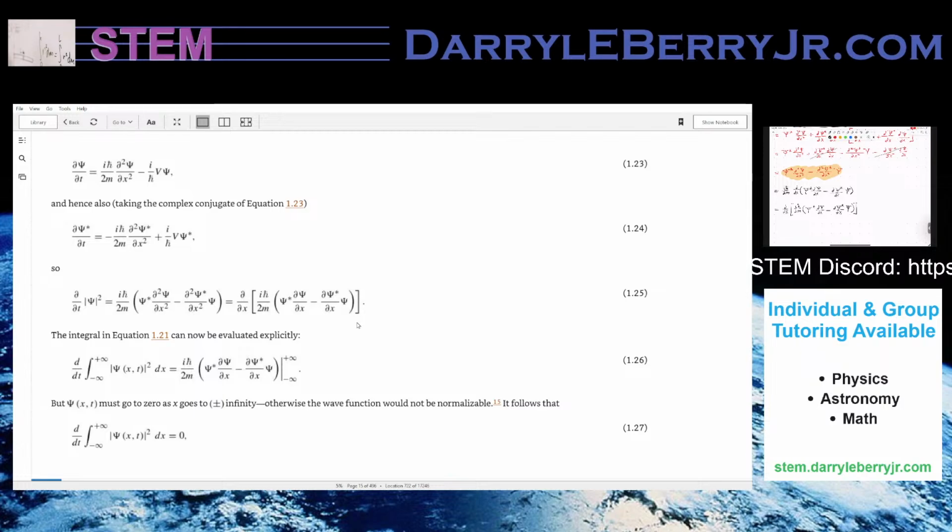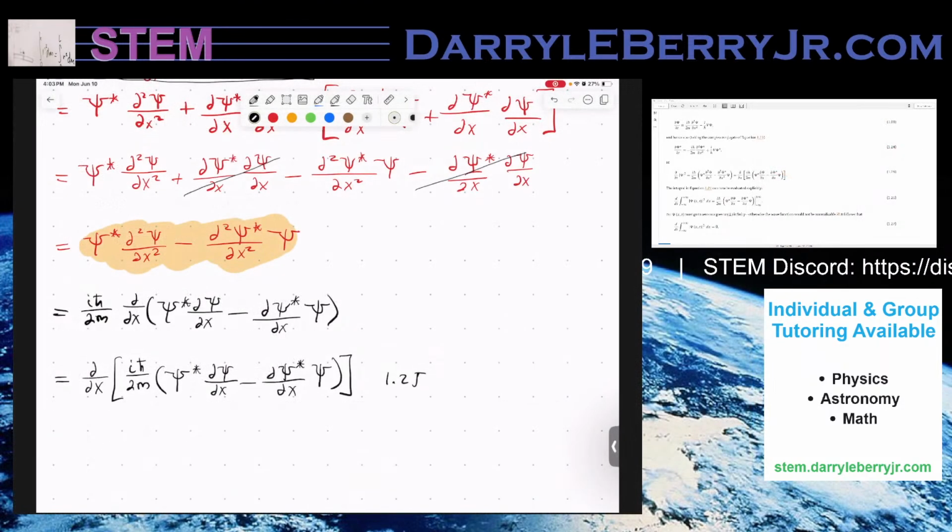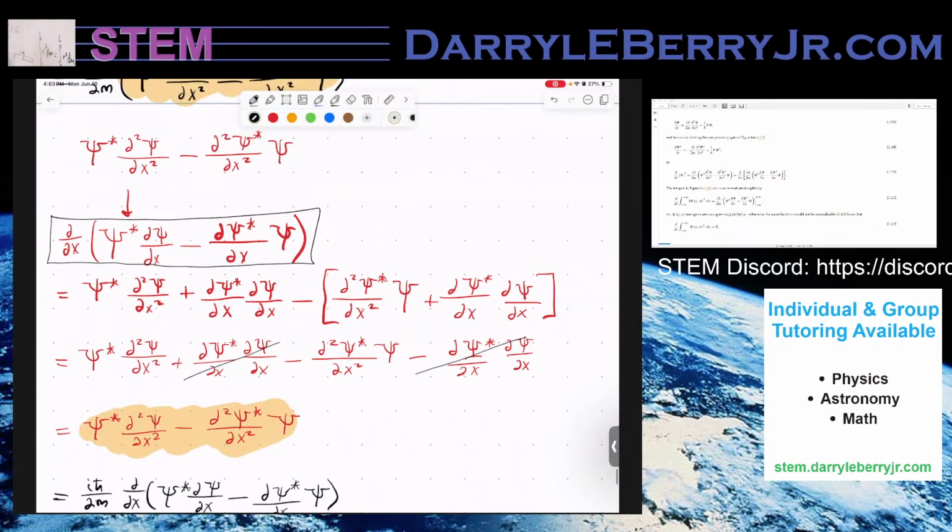And the book calls this equation 1.25, right? So all we did was just work that around.